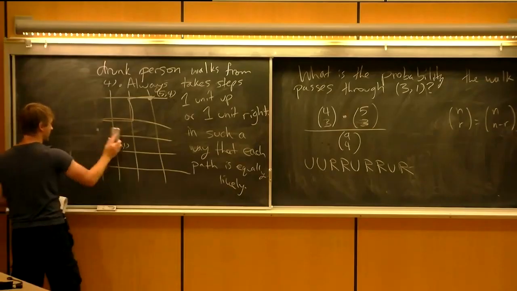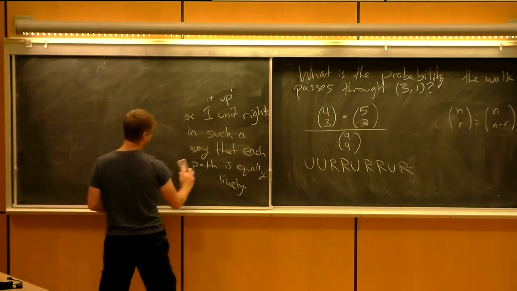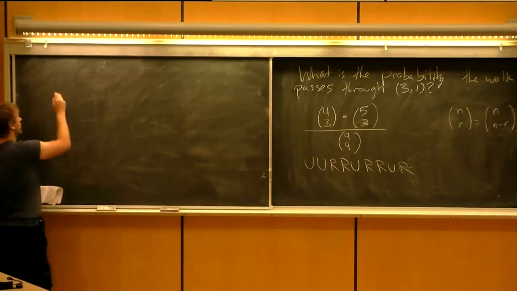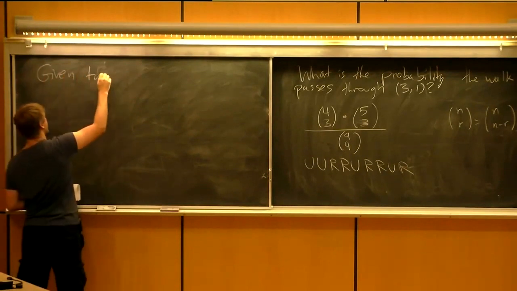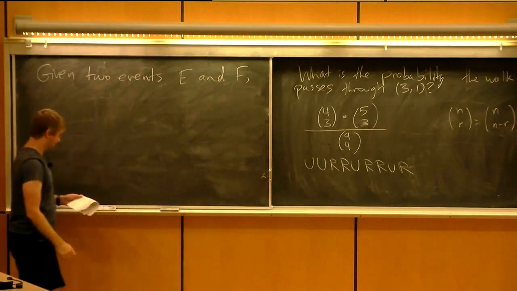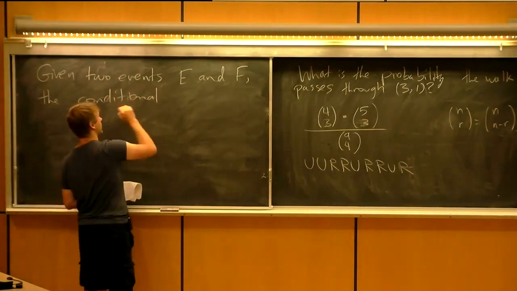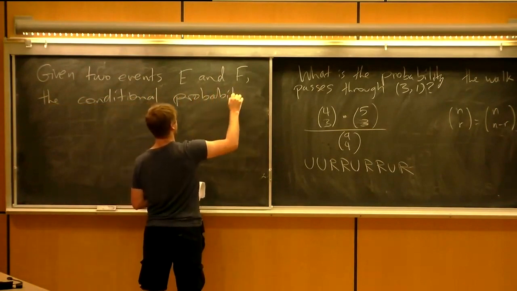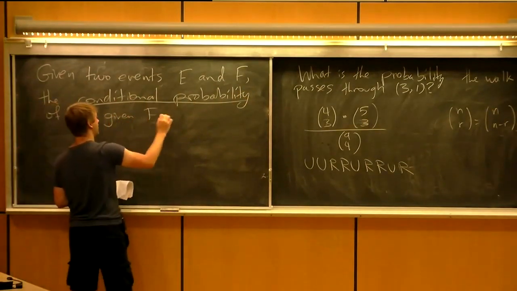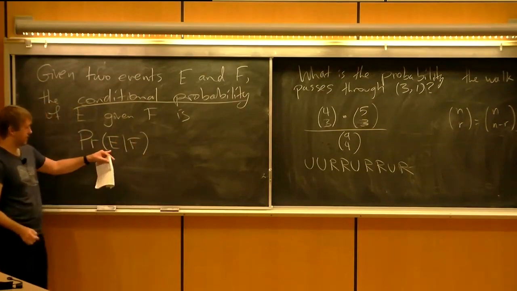how it works more generally. So given two events, E and F, the conditional probability of E given F is, so the notation is like this.